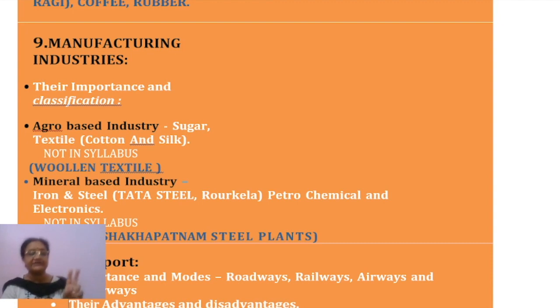The 2 industries just you have to study. Okay, and besides that petrochemical and electronics are there as it is. So you have to cover all this. And what is not there in the syllabus? In the iron and steel industries you will find Bhilai industry, Vishakhapatnam steel plant. Both these are not there this time.